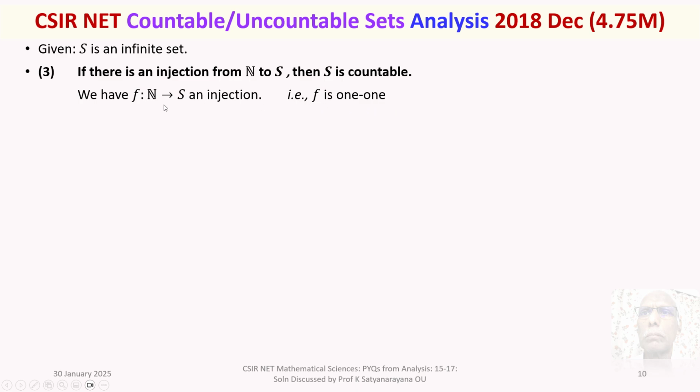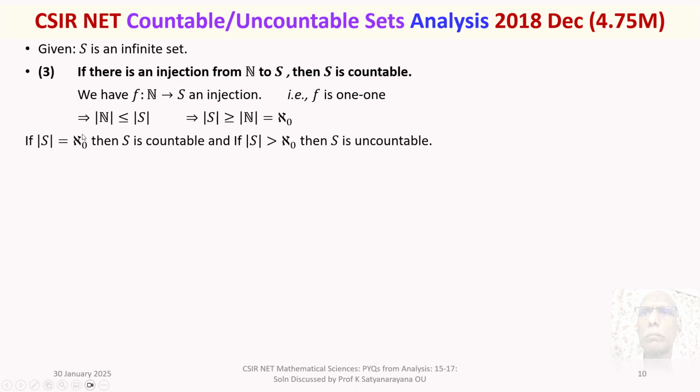When f is 1 to 1, the cardinality of N must be less than or equal to cardinality of S. That means, reverse this, cardinality of S is greater than or equal to cardinality of N, that is ℵ0. Two cases arise. If the cardinality of S is ℵ0, then S is countable. If the cardinality of S is greater than ℵ0, then S is uncountable.